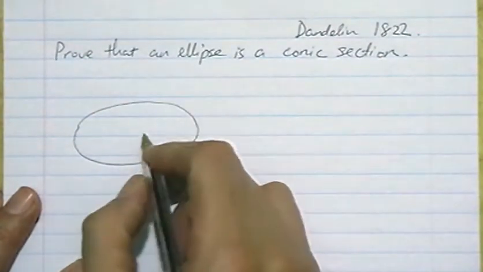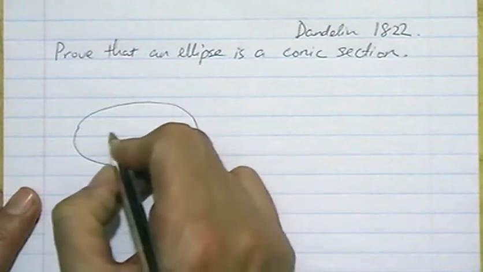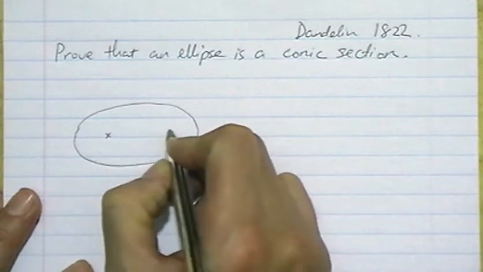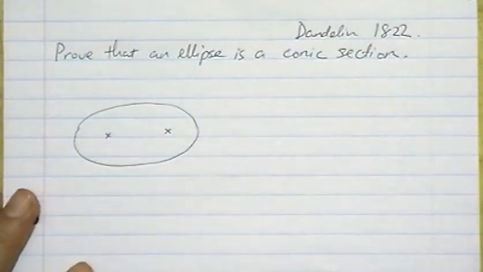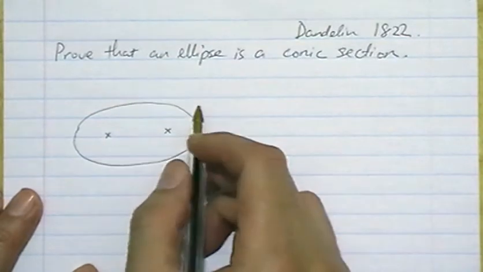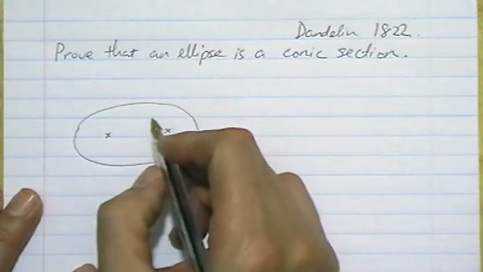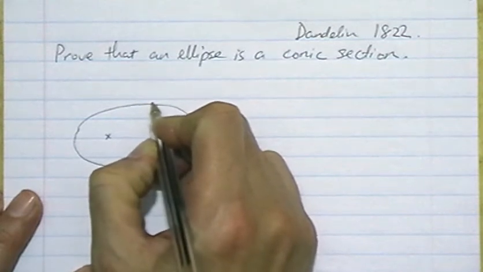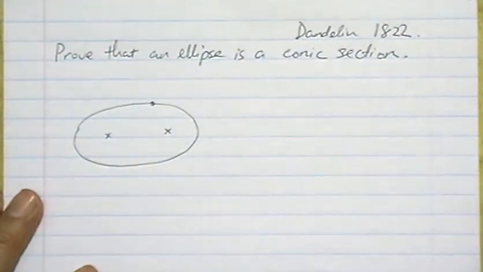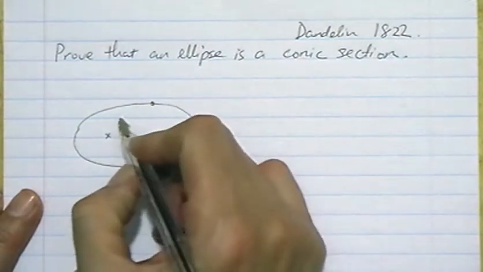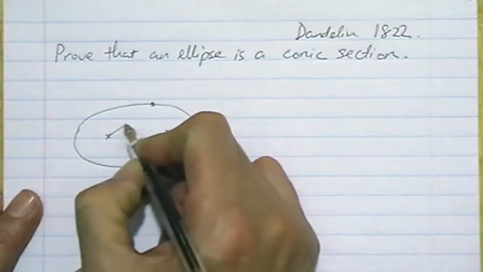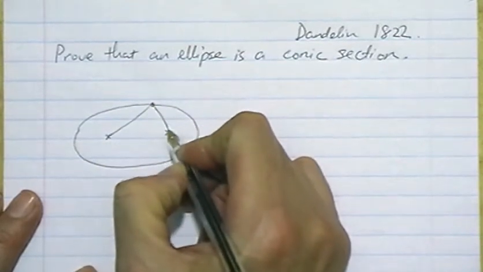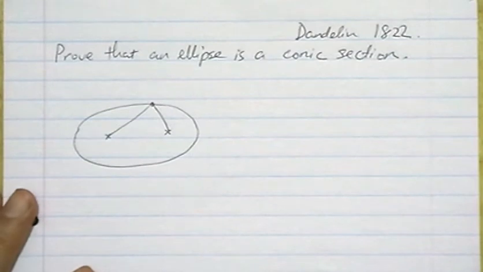It is that if we imagine two fixed points on a plane, and we consider a point on the ellipse, and we draw two lines joining these two fixed points to the point on the ellipse.